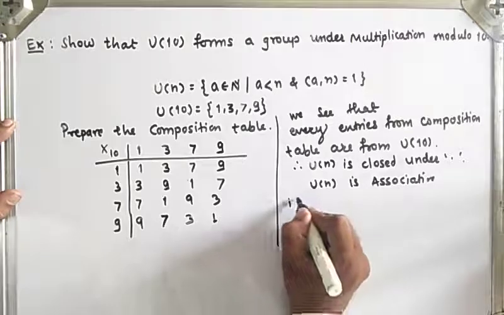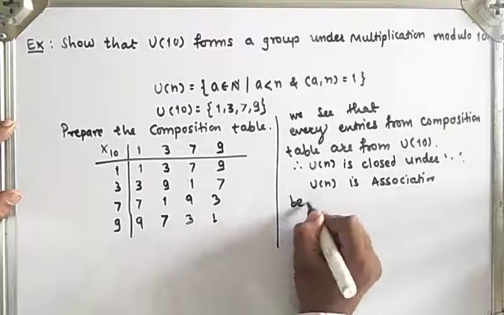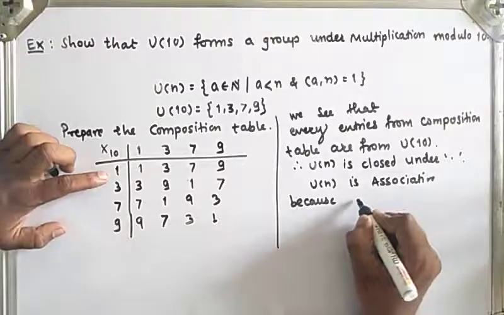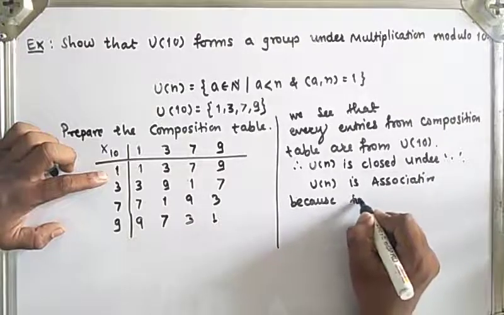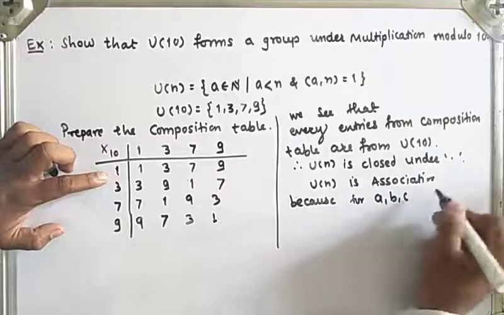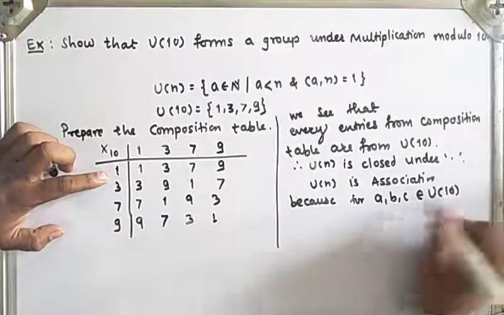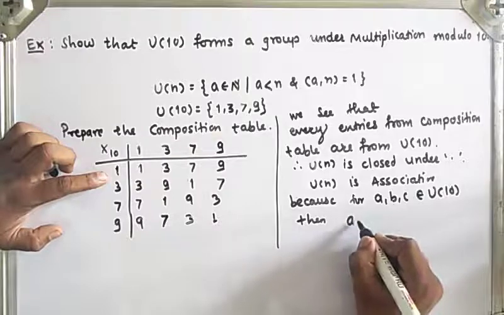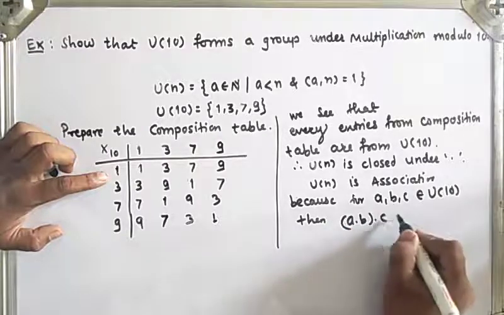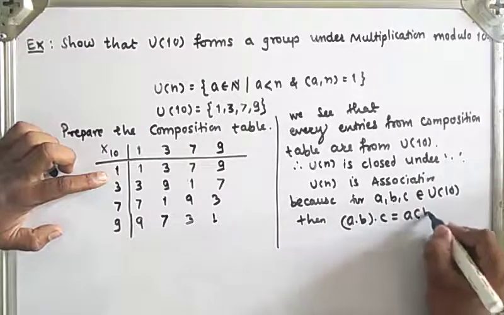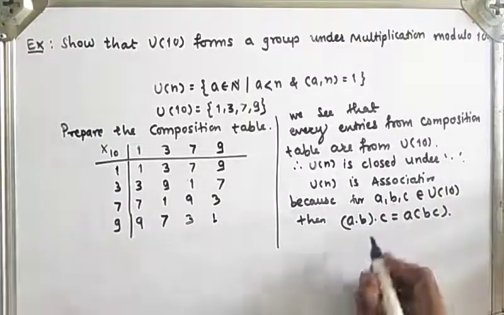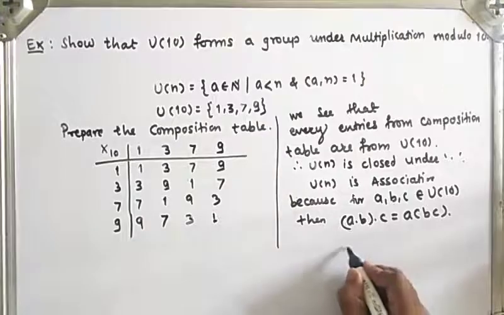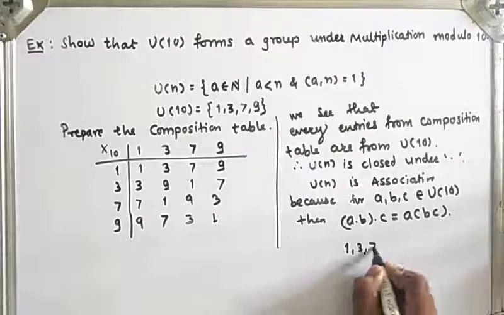Because I will take any three elements, for A, B, C belonging to U of 10, then (A into B) into C is the same as A into (B into C). Suppose I take three elements 1, 3, 7.